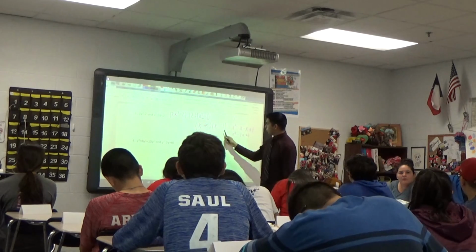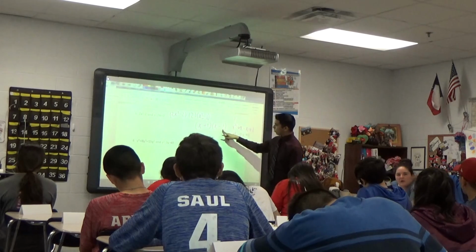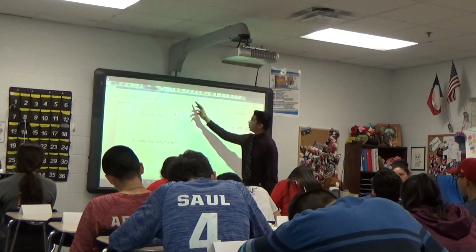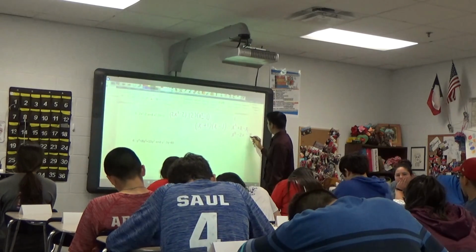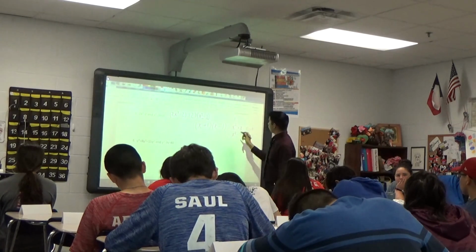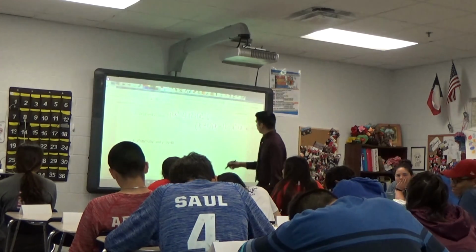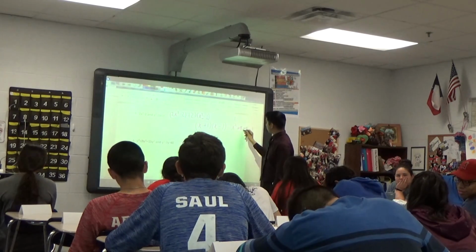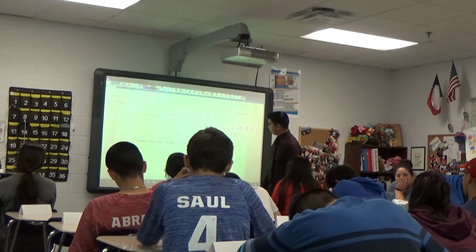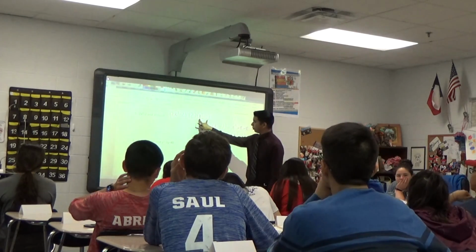When you distribute, one of them becomes positive, and then positive 1 times negative 1 gives negative 1. Positive x, negative x. You have x squared minus 1. And that is what we were trying to look for.